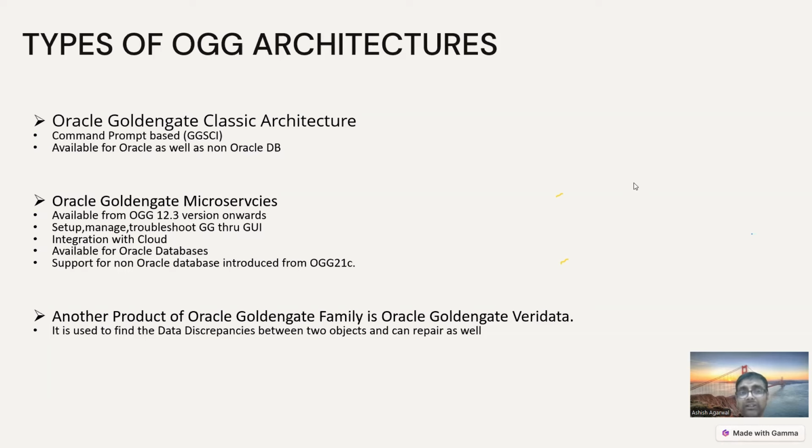But before I proceed to that, just to let you know, if you go out into the market, 80% of implementations are still on classic architecture. Microservices presence is very small right now, but Oracle is promoting its customers to use microservices architecture a lot.